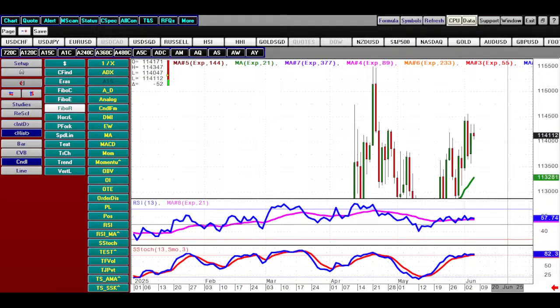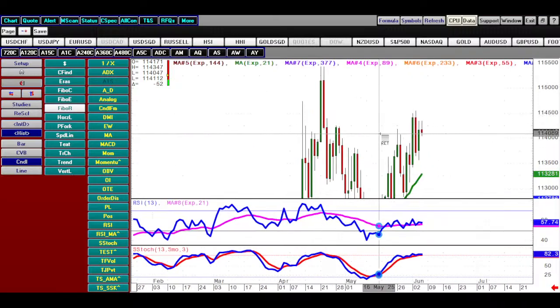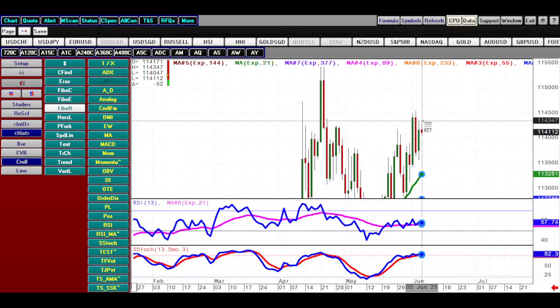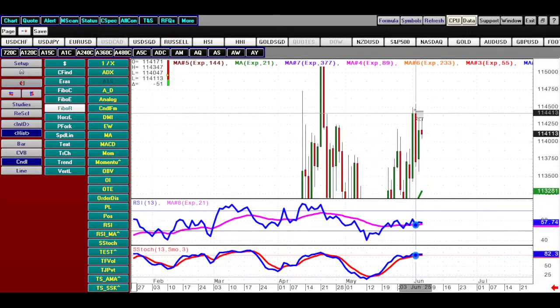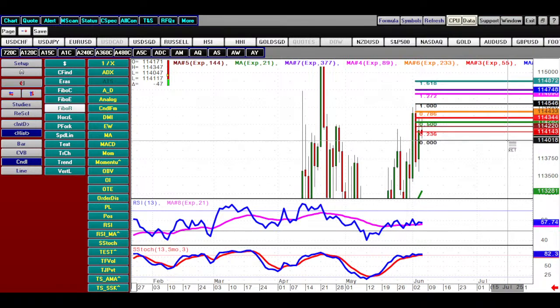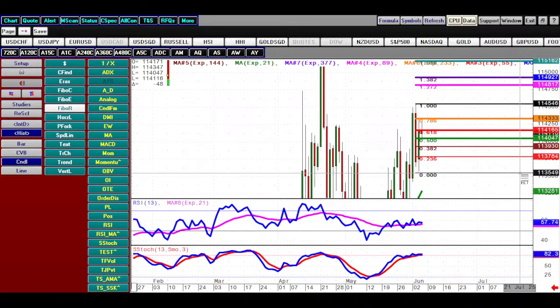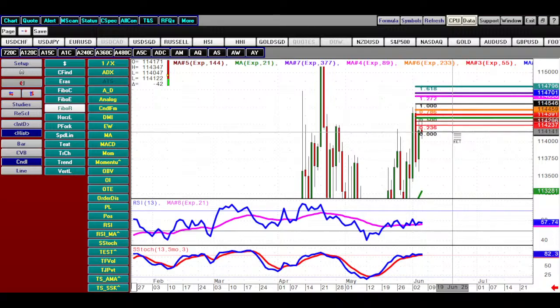Okay, so now all we know is we should be expecting the high. Either the high should be here, or we can expect a spike during the announcement towards 114.80 or 90.